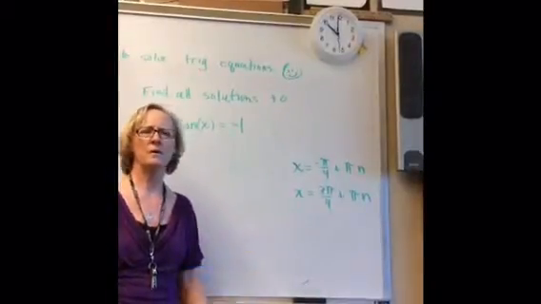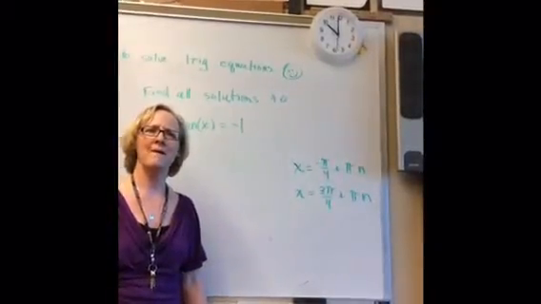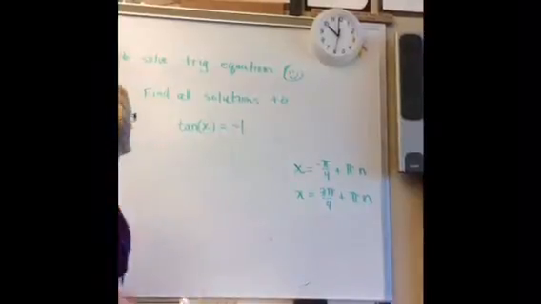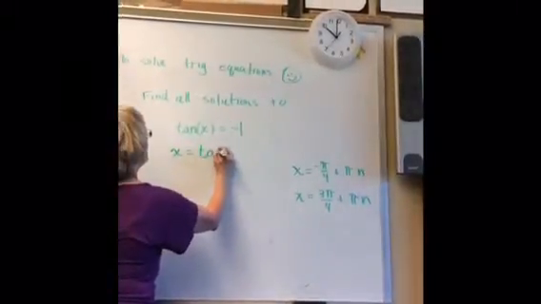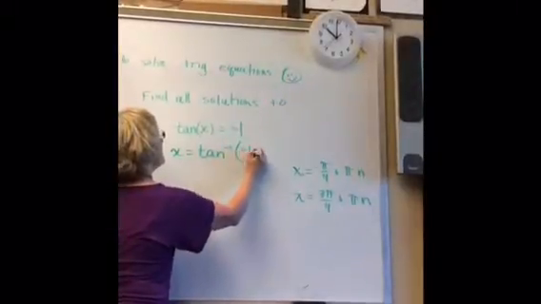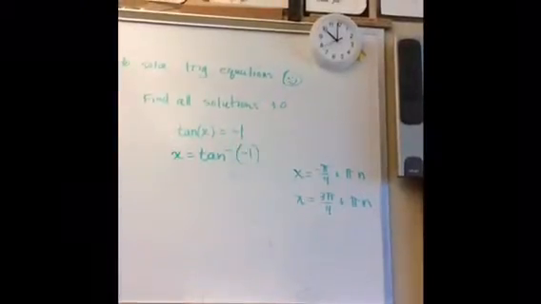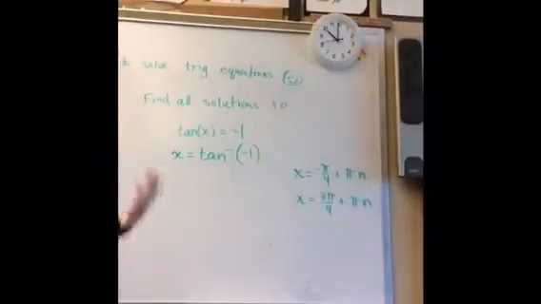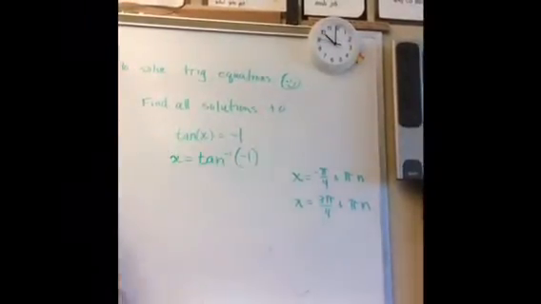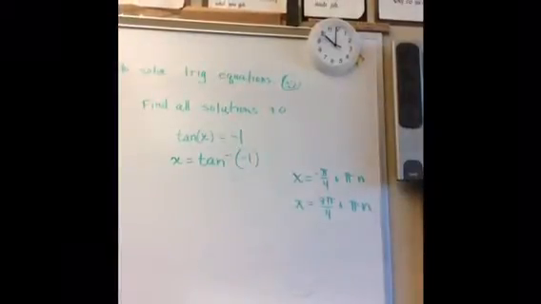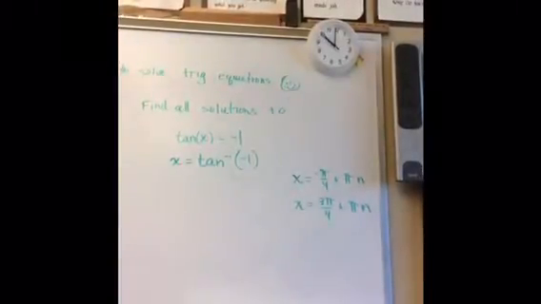Can't you just use one since they're pi apart? Okay, so let's just do this. So x is equal to the tan inverse of -1, right? So this is saying the tangent of what angle is equal to -1. Okay, now there's a couple things we're going to look at.